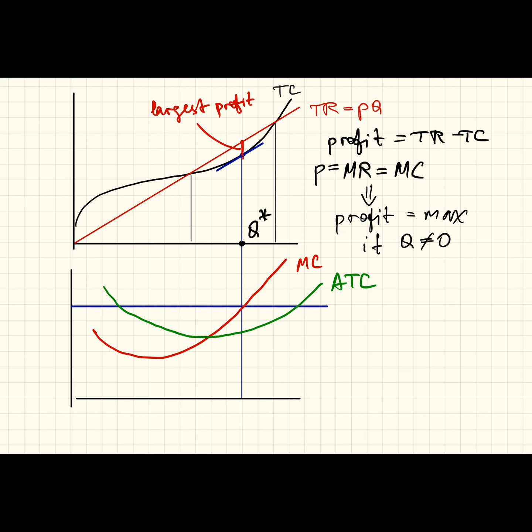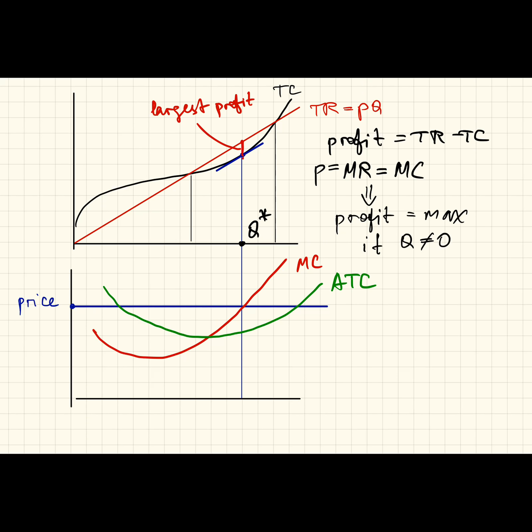All right, so we figured out the upper diagram. Now let's go down and see what's going on with the lower diagram. In the lower diagram, we have the marginal cost curve. We know how to get it right from our previous discussion. We have the ATC curve, and we also have our price. We assume that we know it, of course. So let's see what's going on here.